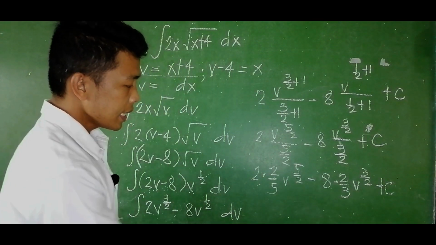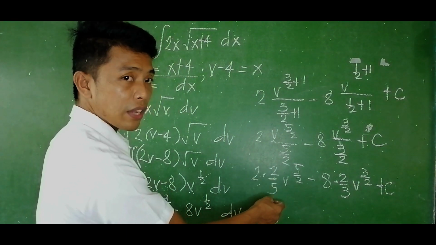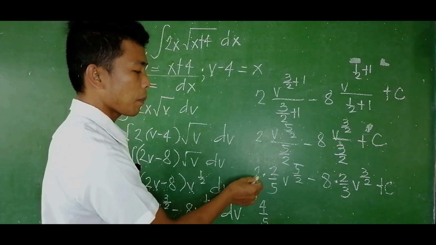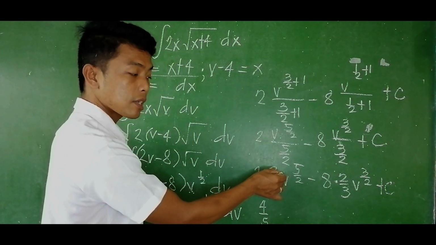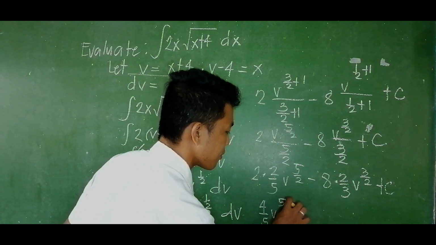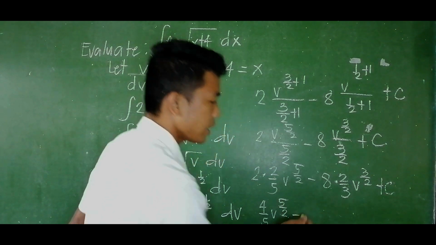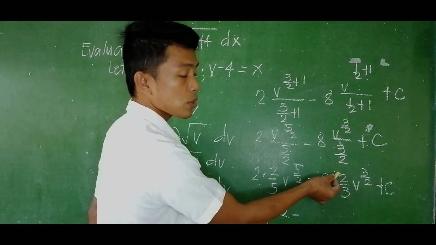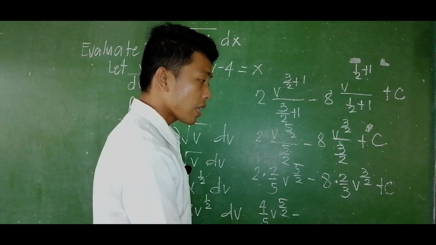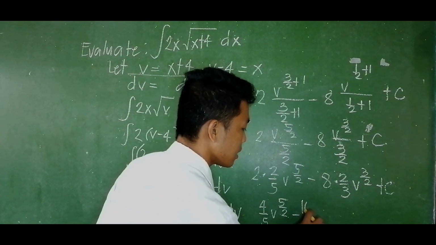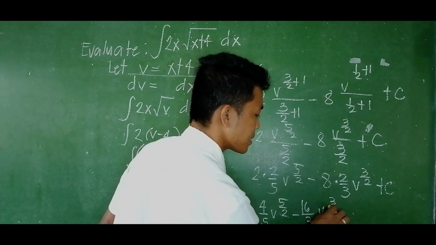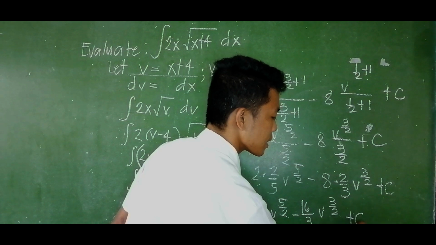Okay. 2 times 2 over 5 will give us 4 over 5, because we are going to multiply the integer to the numerator and copy the denominator. 4 over 5, v raised to 5 over 2 minus, we also have here 8 times 2/3. That would mean that we need to multiply 8 to the numerator, which is 2. We will get 16 over 3 v raised to 3/2 plus c.